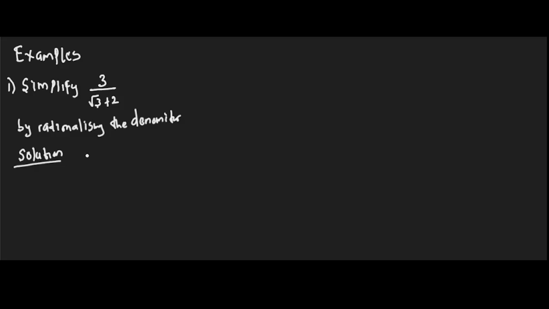So we are going to rationalize by using the conjugate of the surd. Then we have 3 over root 3 plus 2. The conjugate of root 3 plus 2 is root 3 minus 2. That means we are going to multiply the numerator and the denominator by root 3 minus 2.